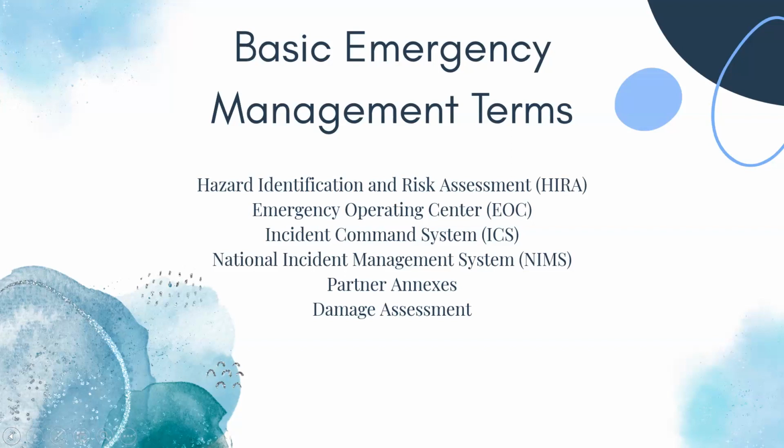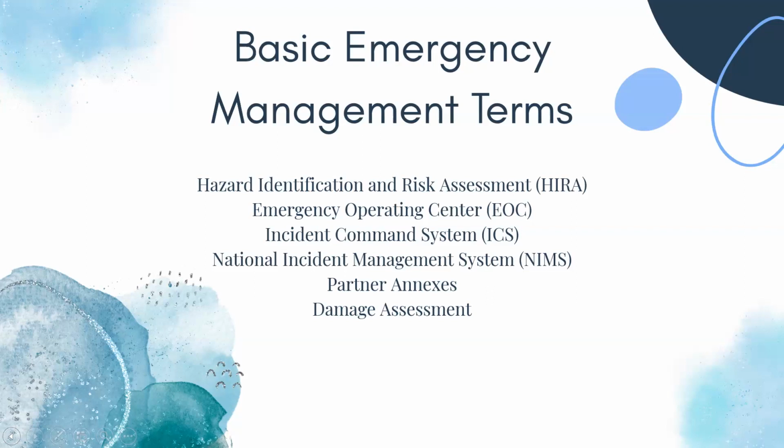Then there's the National Incident Management System, NIMS. This guides all levels of government, non-governmental organizations, and the private sector to work together to prevent, protect against, mitigate, respond to, and recover from incidences. So this is a system in place where we can all work together to recover from these disasters as quickly as possible.